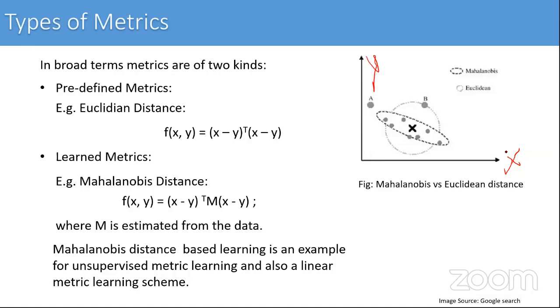So in such cases, we are going to transform the data so that it becomes agnostic. We're going to reframe and rearrange the x and y axes so that the covariance and the correlation in the data is minimized, and then we calculate a normal Euclidean distance. Did that make sense?